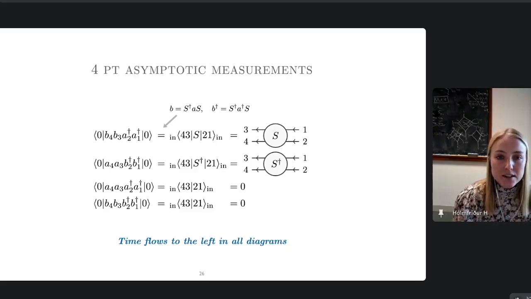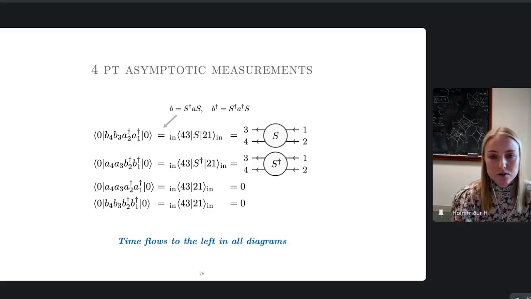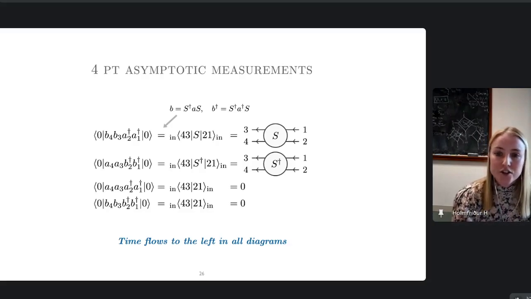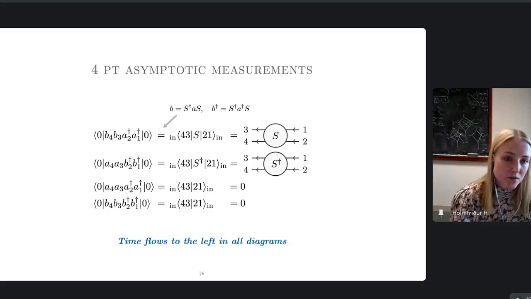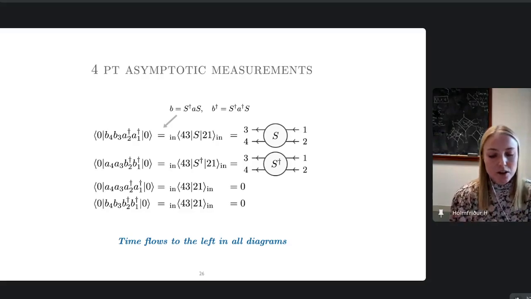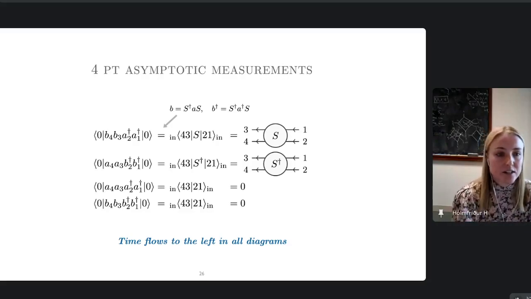Remembering that B is S dagger A S and B dagger is S dagger A dagger S, we can rewrite this as an S operator going from 1, 2 to 3, 4. In the basis of in states, this is just the usual S matrix. On the far left, this is the overlap between the in state and the out state, given by these B operators in the future acting on the vacuum.